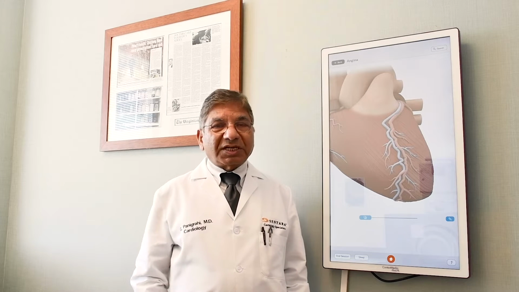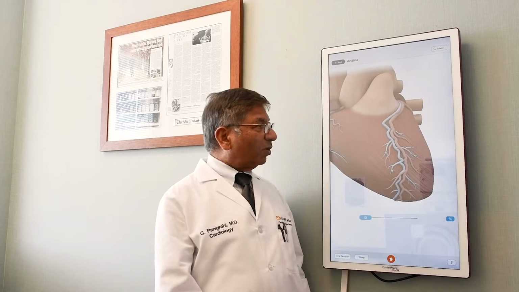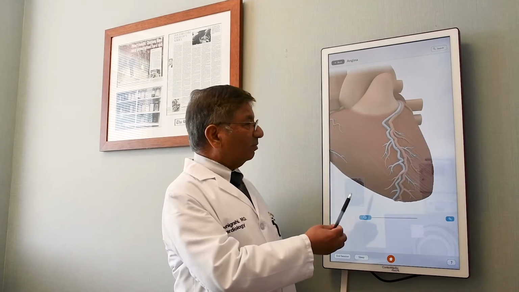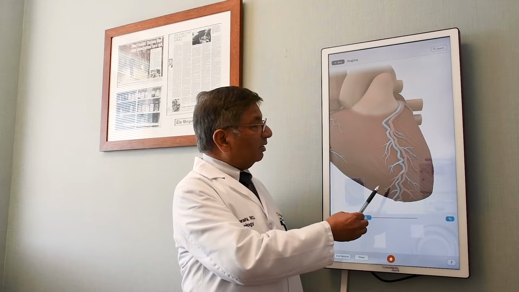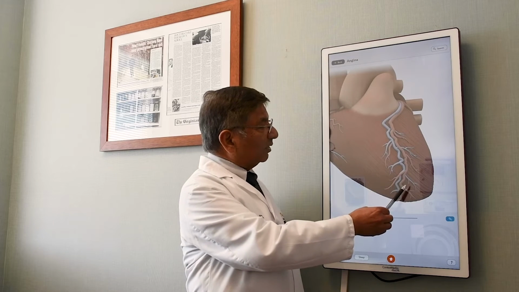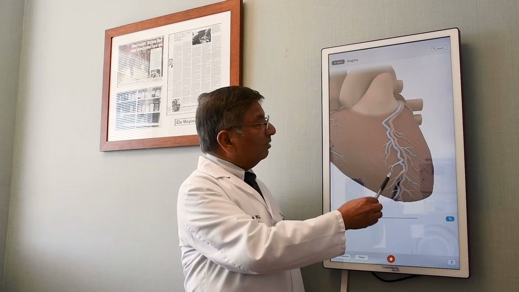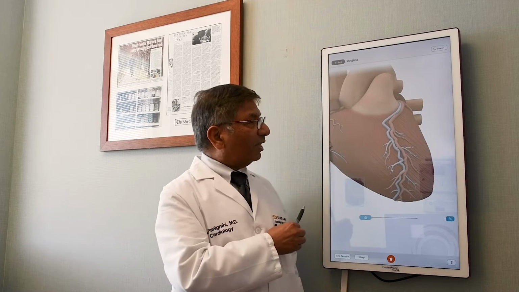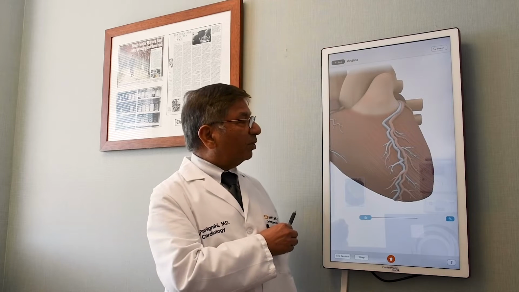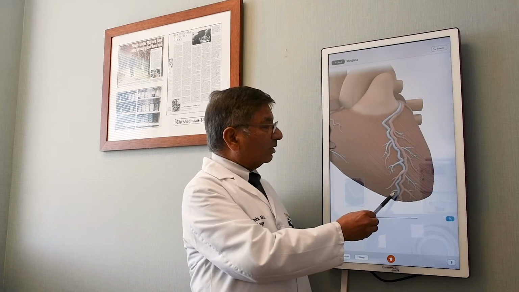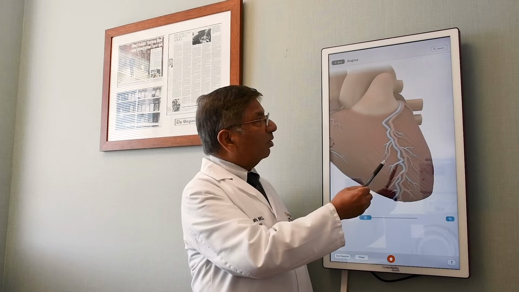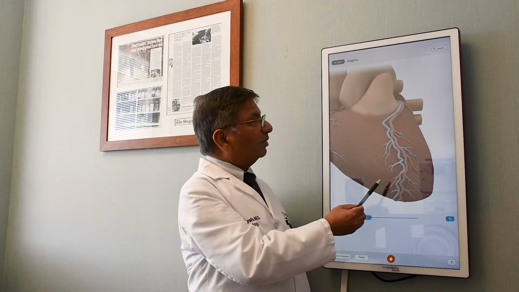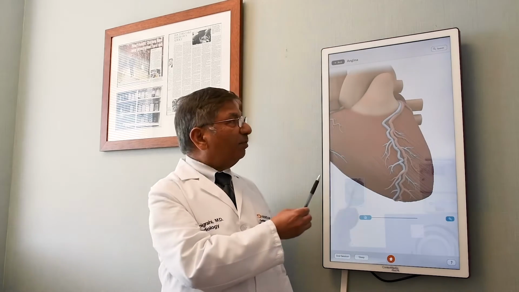So I'm going to explain this utilizing this model here, which you can see. This is a model of the heart. The heart is comprised of the muscle, and even though the blood inside is pumped into the aorta to be supplied to all the body tissues, the heart muscle itself gets its blood supply by virtue of the arteries running on the surface of the heart. There are three major arteries.